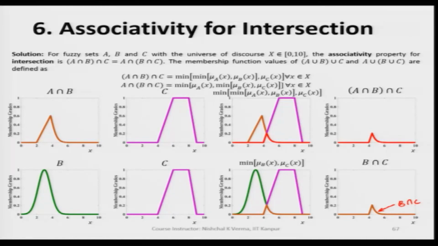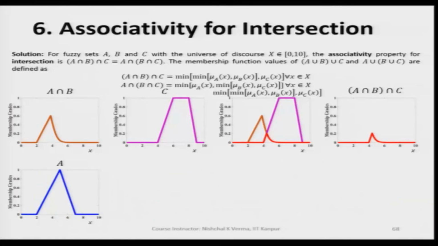Since this is a fuzzy set, again by just looking at it we can say this is a subnormal fuzzy set. Now, let us take the intersection of this fuzzy set and A. Here we have to follow the sequence.